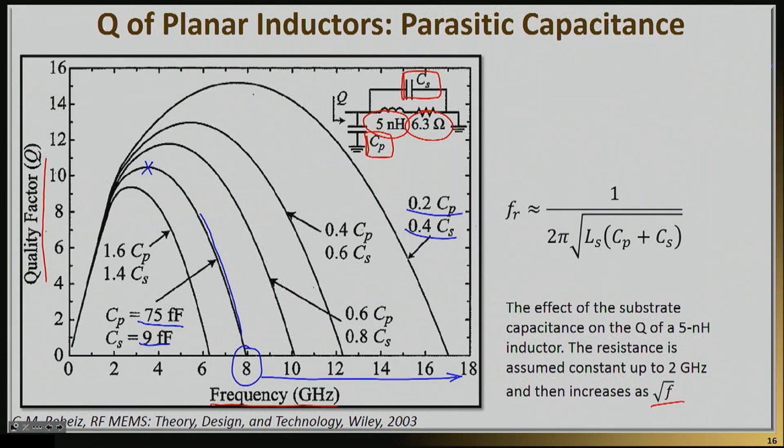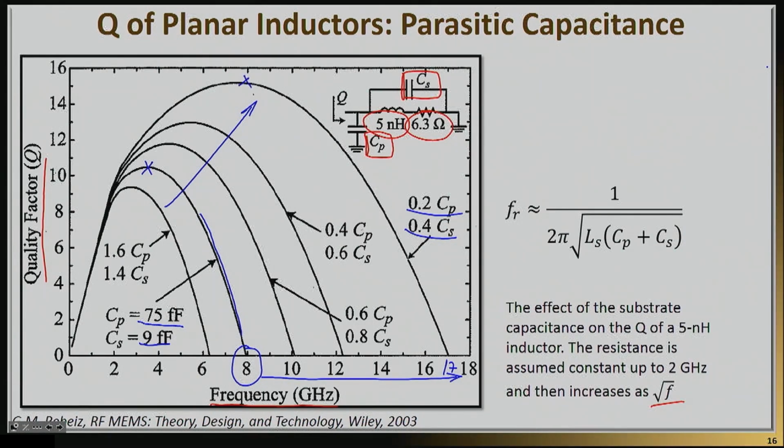So it actually goes from 8 to practically 17 gigahertz, which is a dramatic increase. Now that means you can use this inductor for a far wider range of frequencies than you could use the original one. But what you might not have expected necessarily is that not only the self-resonance increases, but the maximum Q increases as well. In fact, the maximum Q goes from 10 to about 17.